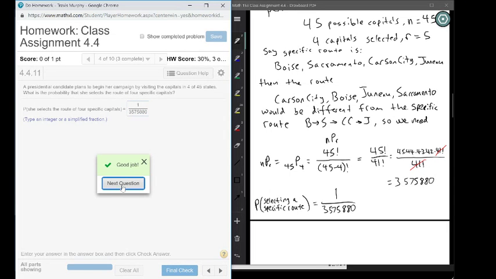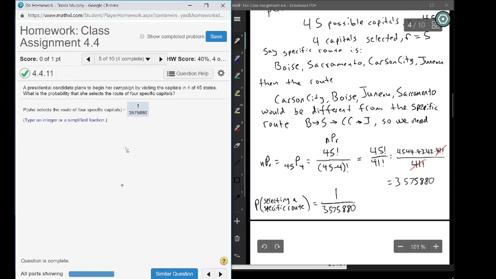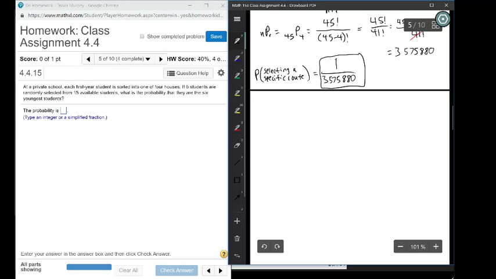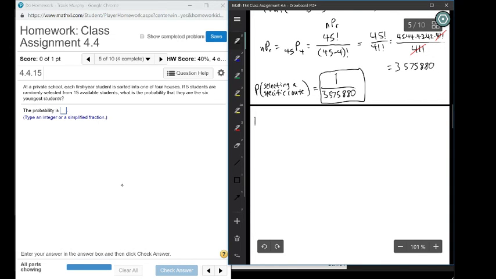All right. Question 15, but really question 5. At a private school, each first-year student is sorted into one of 4 houses.